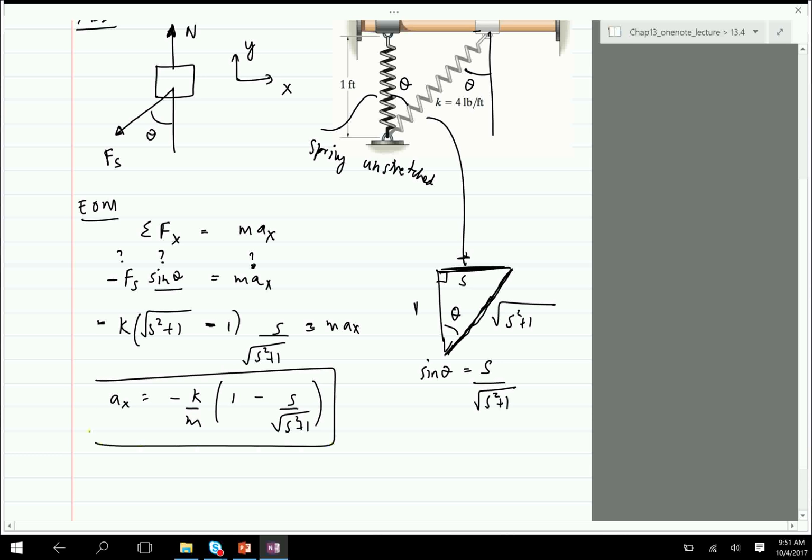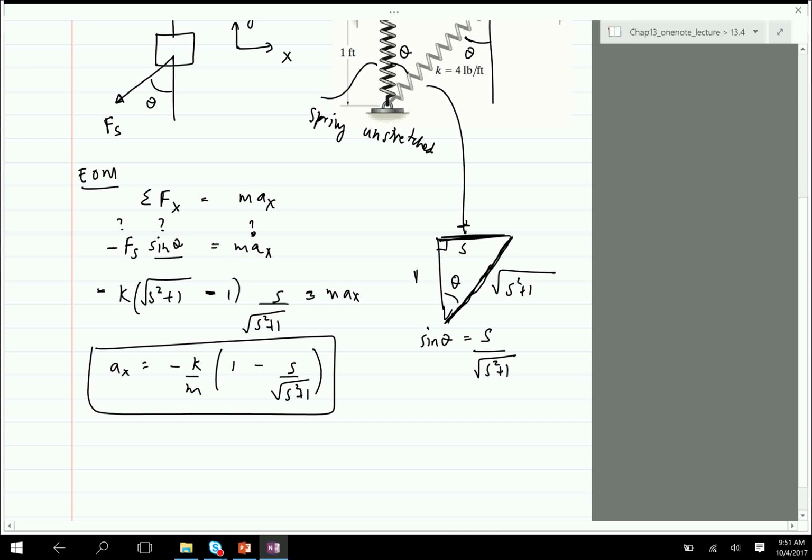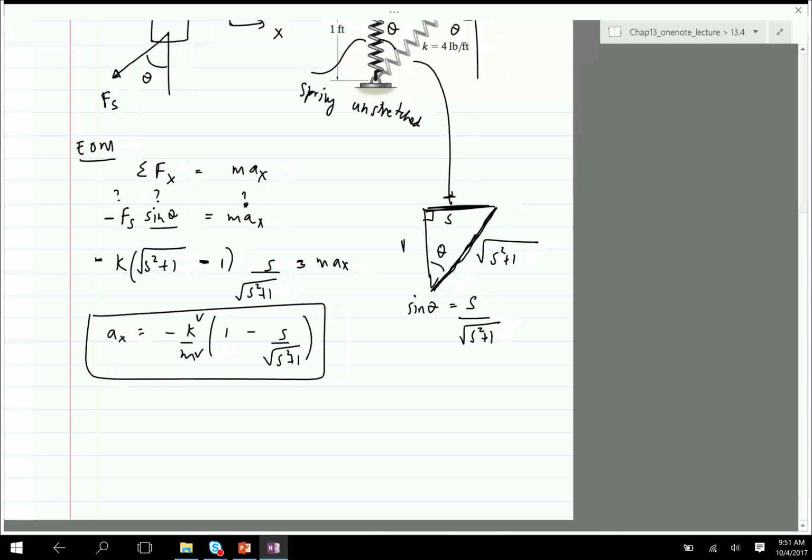Okay, so this is ax. I know k, I know m. s is the distance from the left. You know the final distance, but you don't know the velocity. Well, you're going to keep it this way.